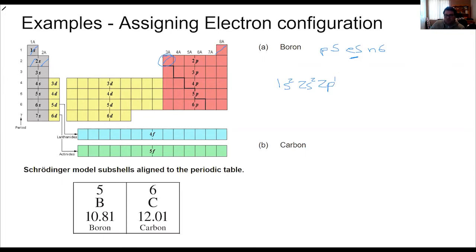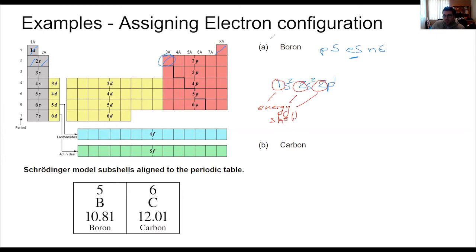What this means, people, in terms of representing where the electrons are found around the nucleus, is that here we have our energy shell. The number out the front is our energy shell.